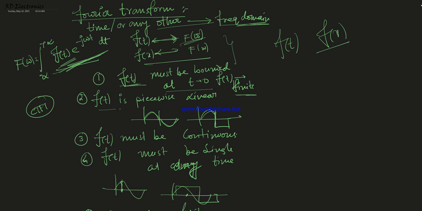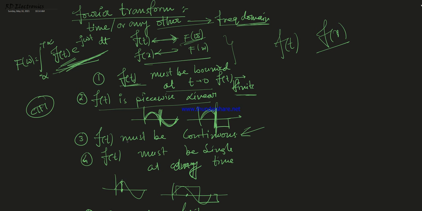Second, f(t) is piecewise linear, that means if the waveform looks like this and we take one part of this wave, then this part and this part are symmetrical, so that was this piecewise linear. But in this waveform, there is no possibility of symmetrical nature.